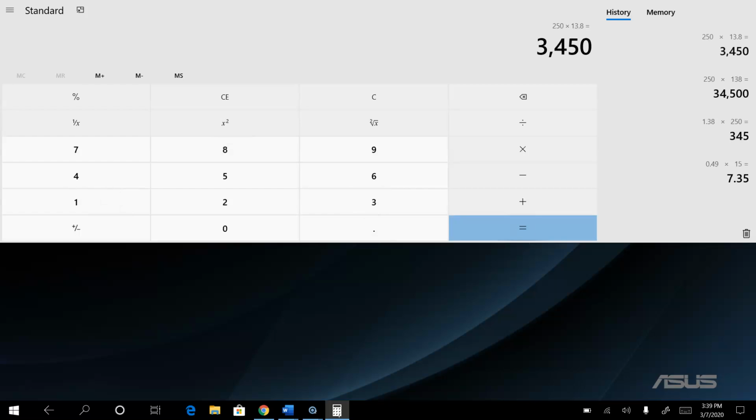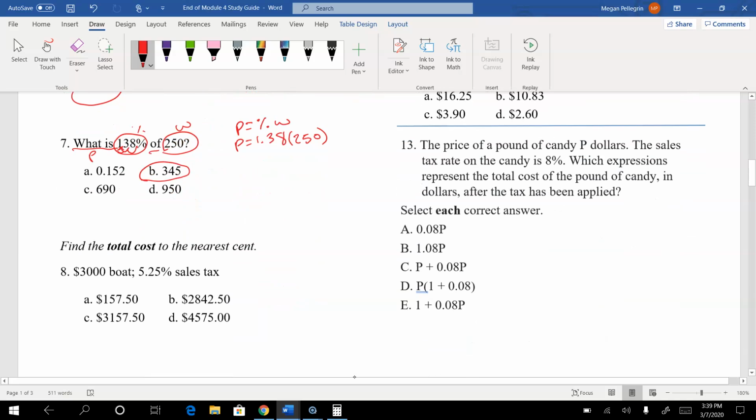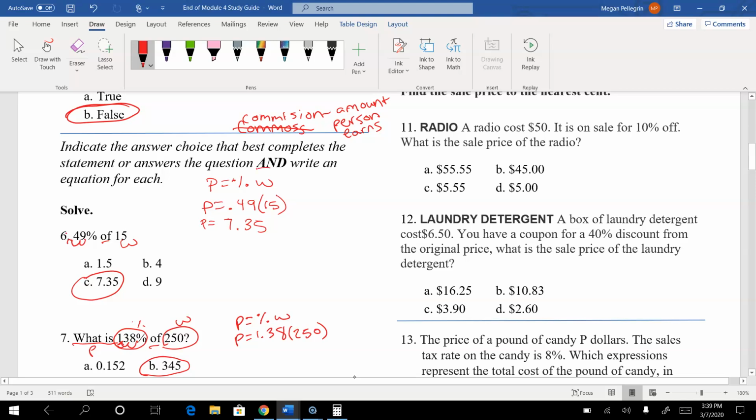Nope, still doesn't. Some of those answer choices you might be able to get by doing something other than multiplying. Okay, so no, and you are also going to be asked, it says, and write an equation for each. So this would be our equation, this would be our equation.